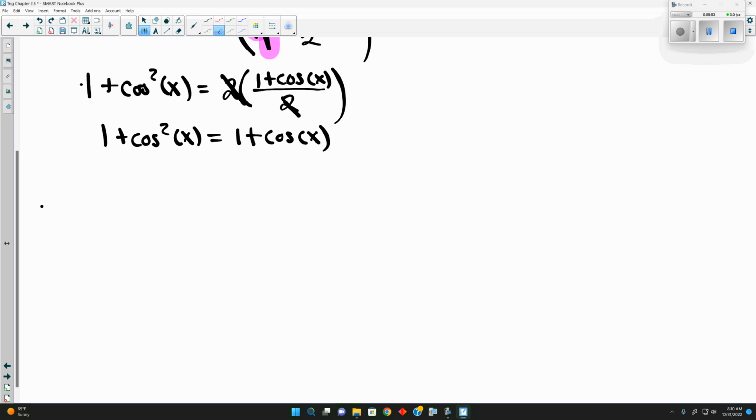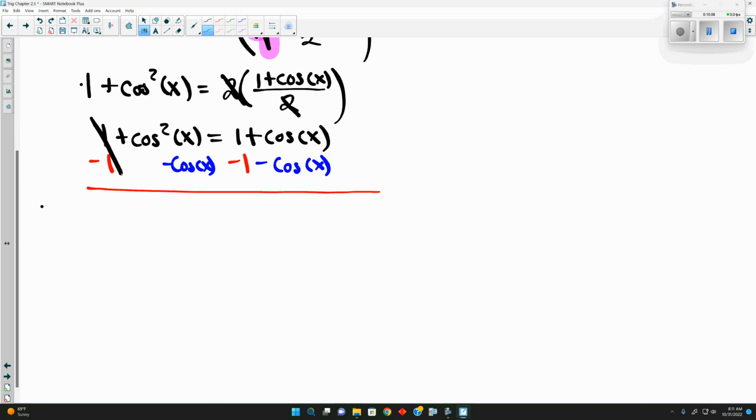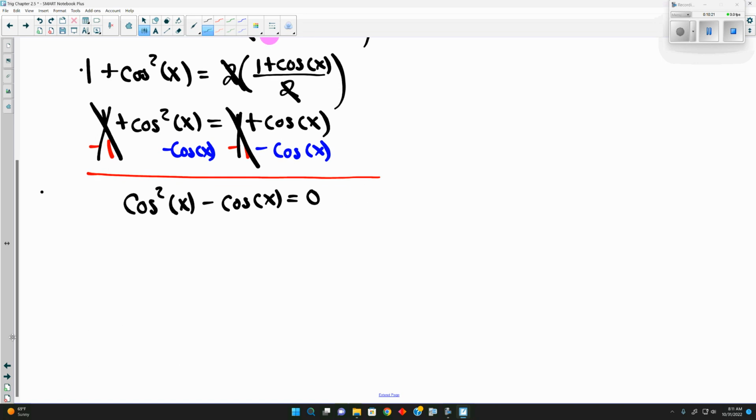Now at this point we can get this equal to 0. So we could subtract 1 from both sides, and we can also subtract cosine of x from both sides so that we get this equal to 0. Here, 1 minus 1 is going to be 0 on both sides. So we'll still have cosine squared of x, and we'll also have minus cosine of x is equal to 0.